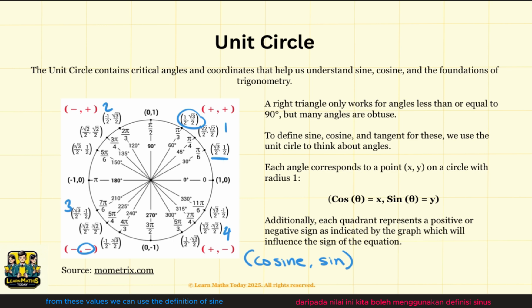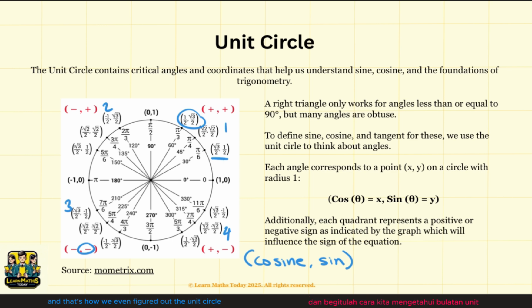From these values, we can use the definition of sine, cosine, and tangent to find their values on the unit circle. Essentially, these ratios make up the core of the unit circle. So the reason it's 1/2 for sine at 30 degrees is because the opposite over the hypotenuse at 30 degrees is 1 over 2, just like with those ratios.